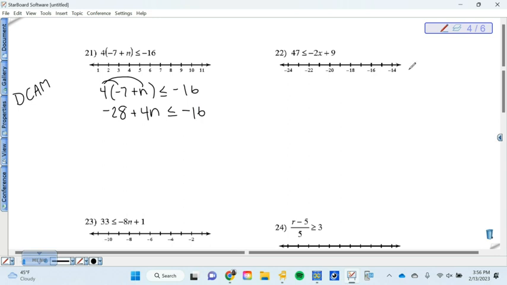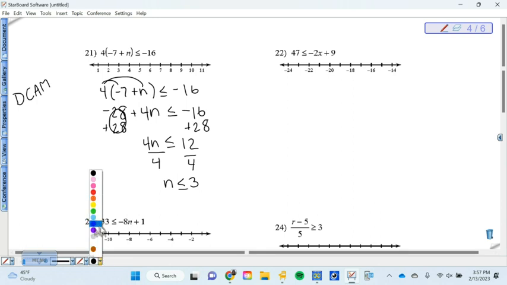Now what do I do to solve for n? Yeah, we're going to add 28. Those cross out, so I've got 4n is less than or equal to 12. And then we divide by 4. So n is less than or equal to 3.